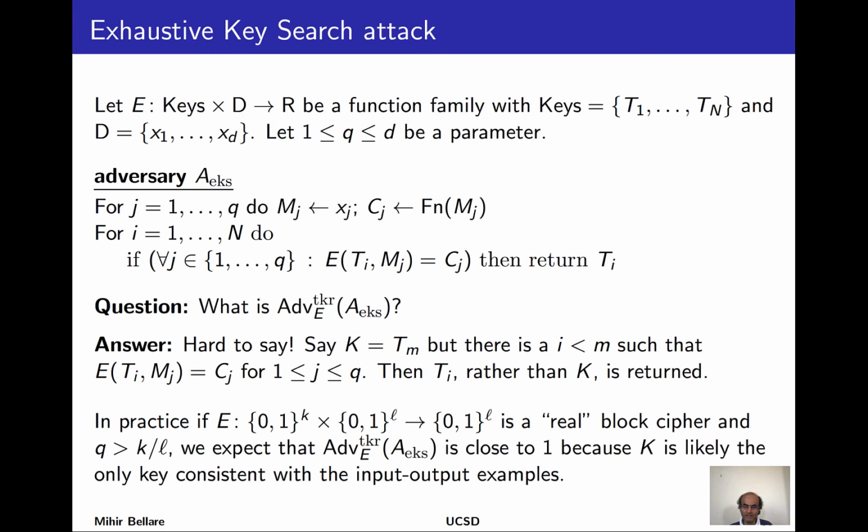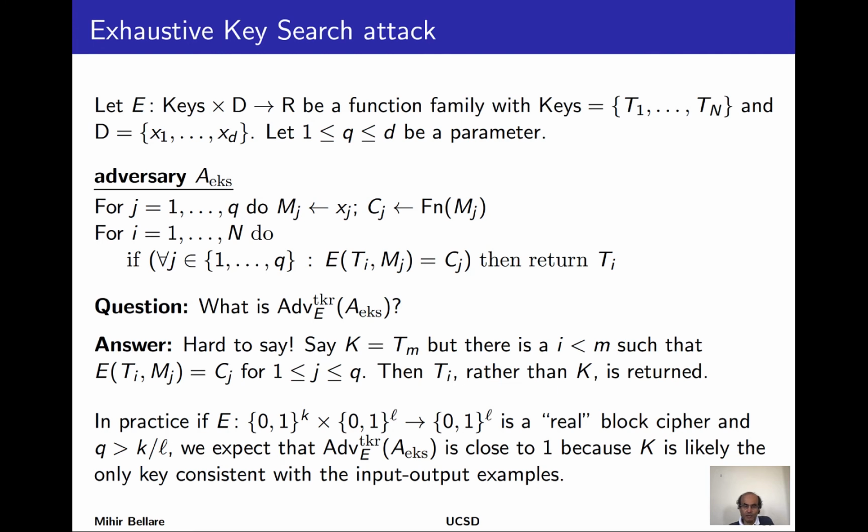And so, in fact, not the target key, but something else is returned. The consistent key recovery game would be quite happy with that. It likes that other key just as much as the target key. But the target key recovery game doesn't. It wants the actual target key, and this time it's going to be foiled. It's not going to get that.